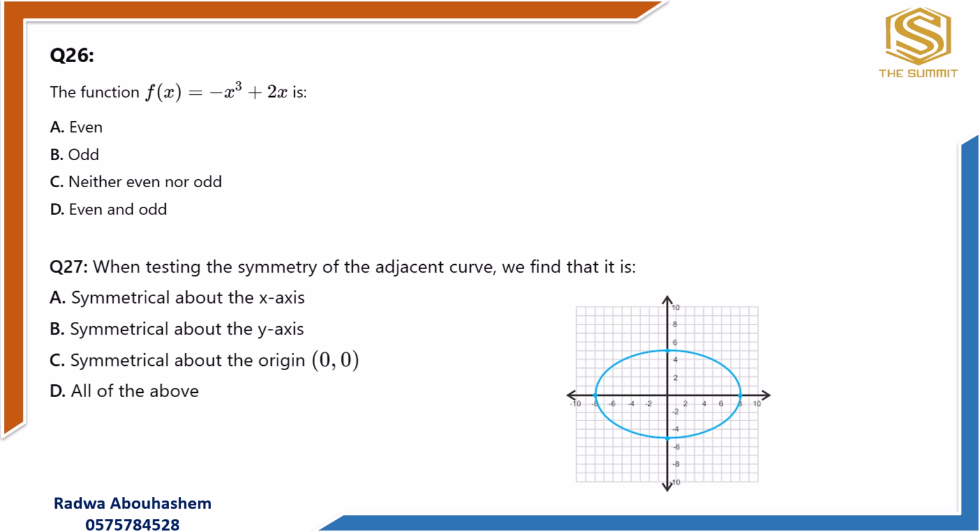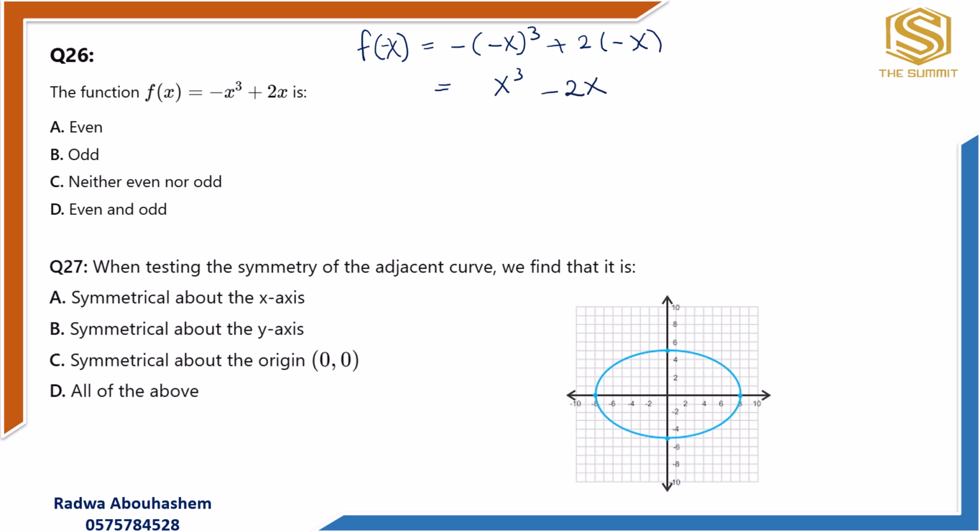The function of x equals negative x power 3 plus 2x. Is it even, odd, neither even nor odd, or even and odd at the same time? So let me apply the rule. What's the function of negative x? It would be negative x power 3 plus 2 times negative x. It gives me negative, negative x power 3, which is positive x power 3, minus 2x.